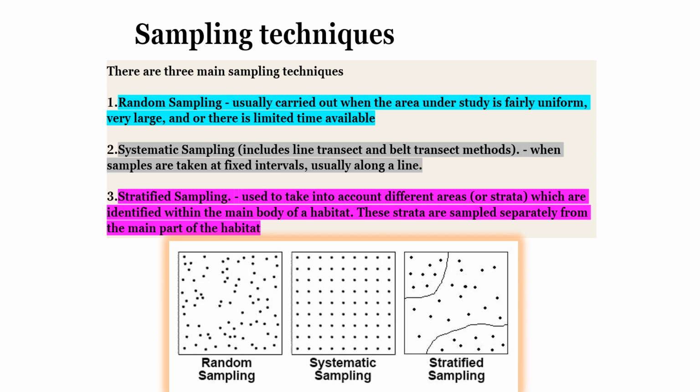There are three main types of sampling techniques: random sampling, systematic sampling, and stratified sampling. Random sampling is usually carried out when the area under study is fairly uniform and very large, and there is limited time available. For example, we have an area of 100 square kilometers.